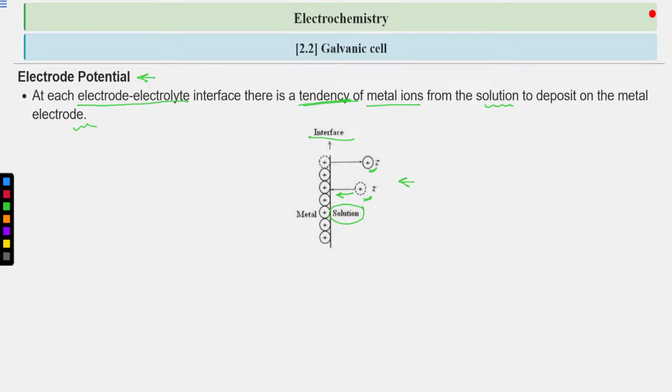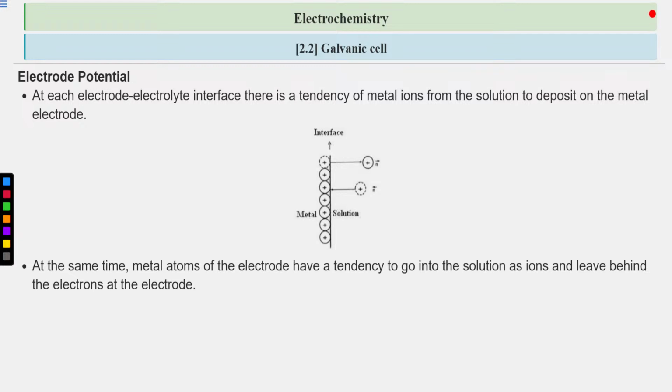And also vice versa, the metal ion in the electrode has a tendency to dissolve in the solution and become one of the metal ions of the solution. So at each electrode-electrolyte interface, this process is happening: metal ions have the tendency to dissolve or to deposit from the solution to the metal electrode.